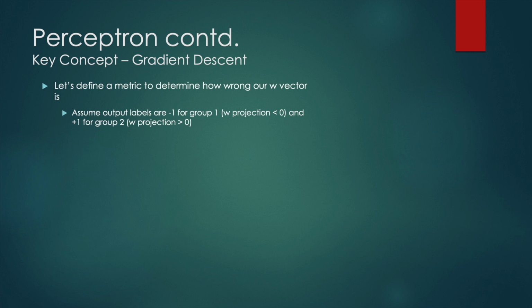We know if we multiply our result, which is greater than 0 if we think it should be in group 2, and less than 0 if we think it should be in group 1, and then multiply it by the label, if the signs are different, we had a misclassification, and that would result in a negative result. So we negate this entire function. And the more wrong decisions we make, the bigger the value our error function will give us. And so we have an error function that grows with respect to wrong decisions and shrinks the more right decisions we have.